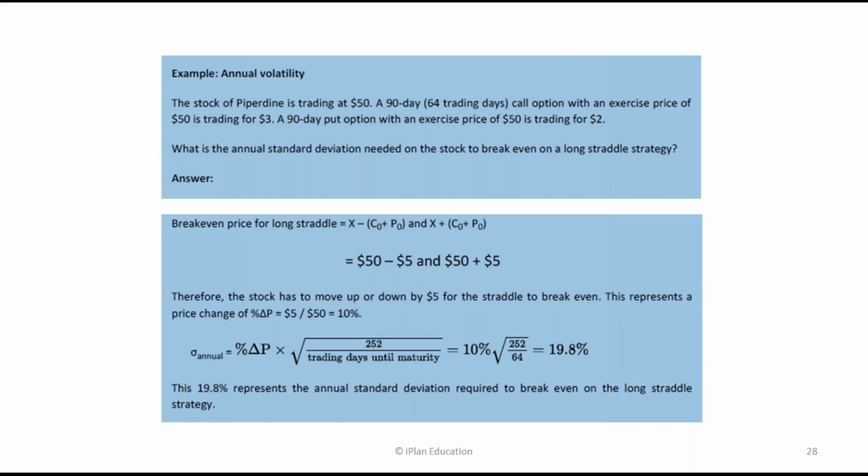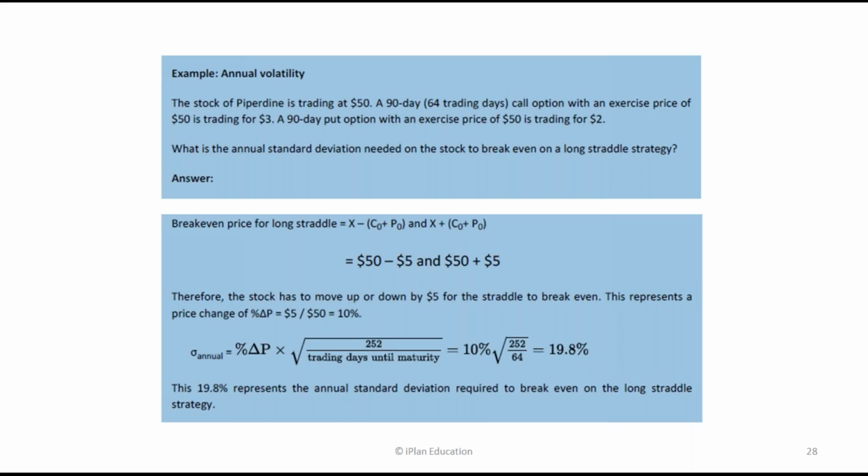Therefore the stock has to move up or down by $5, which is almost 10% of the strike price. So with a change of 10%, the volatility needed is around 19.8%. So 19.8% represents the annualized standard deviation required to break even on the long straddle strategy.